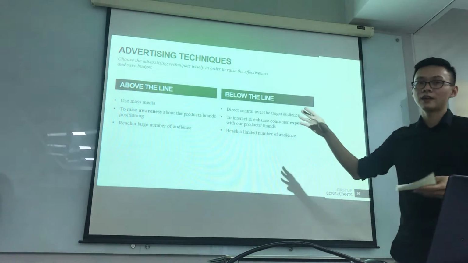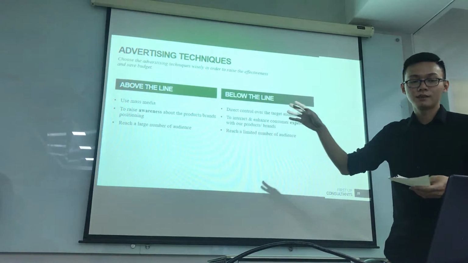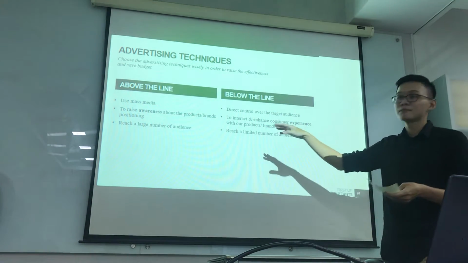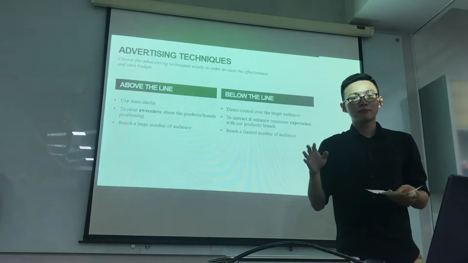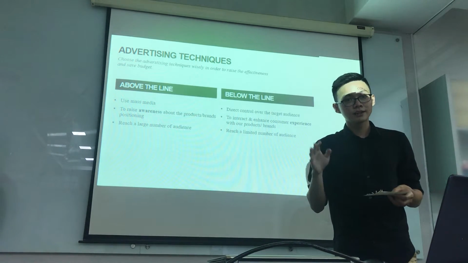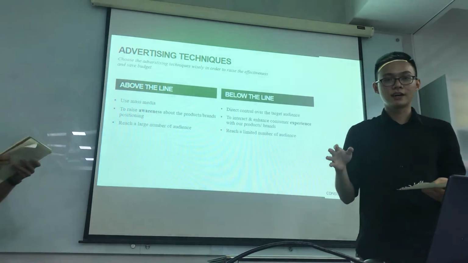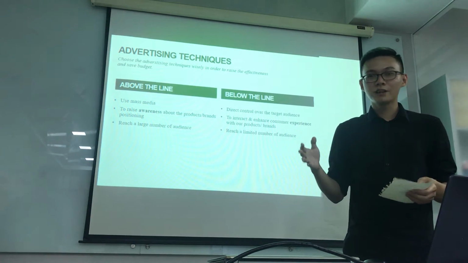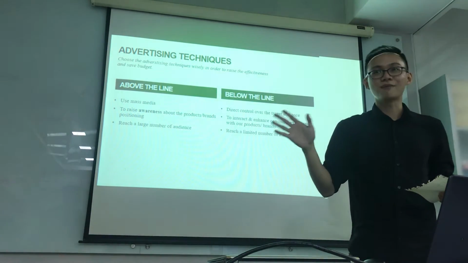First of all, the above the line, and secondly the below the line. The above the line focuses on the mass media. The main mission of this technique is to raise the awareness about the product, and it will reach a large number of audience.